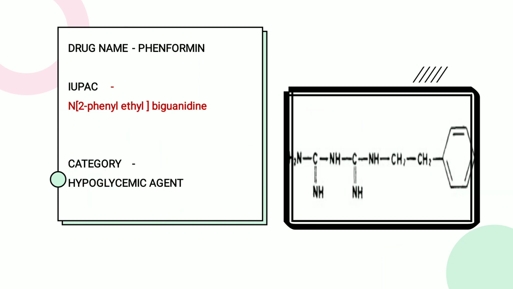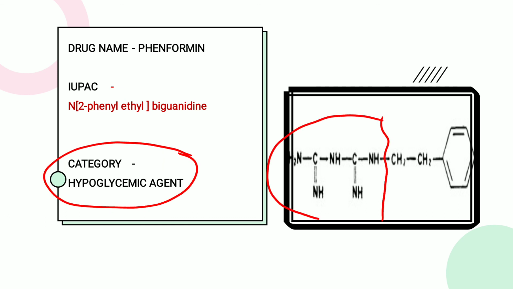Then the next structure is the fenformine. The fenformine is again a hypoglycemic agent, and in the classification it is a biguanide derivative. So we see here the biguanide derivative. In the biguanide derivative there is an NH double bond NH, again NH, C double bond NH and NH2.